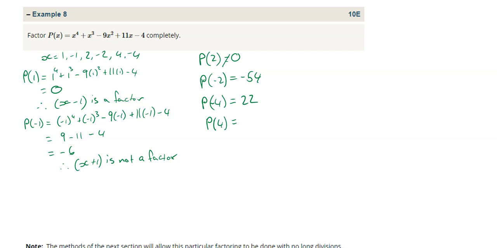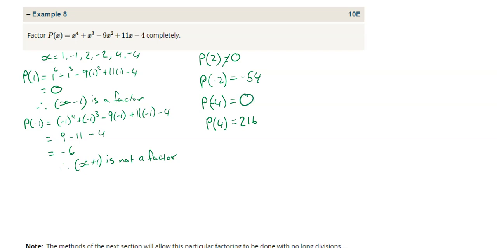Oh, whoops. I made a mistake on this one. That's not 22. And this one's 216. So that's not right. Let me go through and change the negatives again. Negative 4. Negative 4. Negative 4. 0.